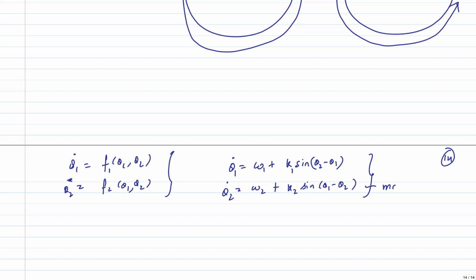This is a model of coupled oscillators, where I can say theta 1 and theta 2 are the phases of the oscillators.